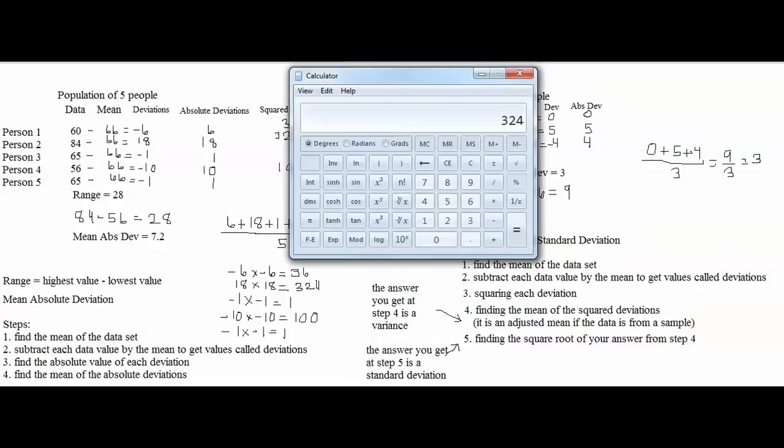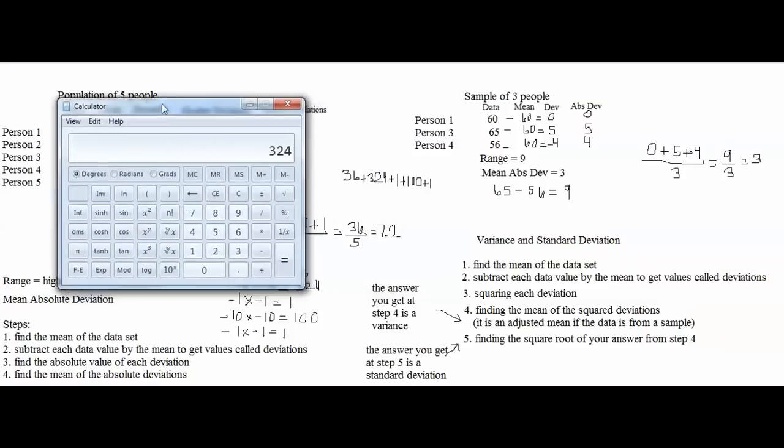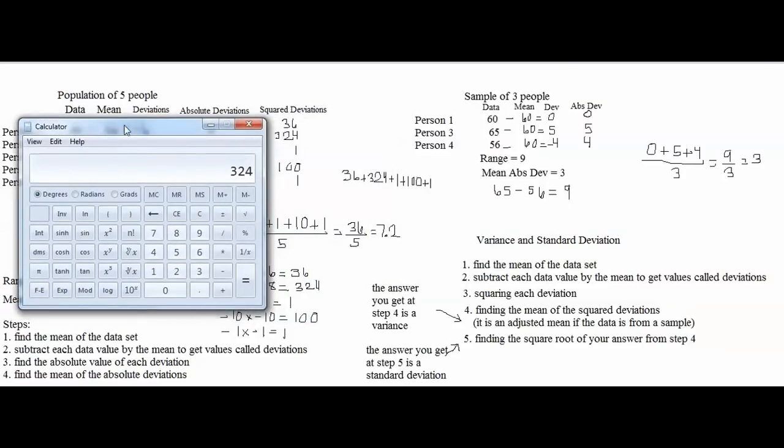Let's add the 5 numbers and then divide. We're going to add the squared deviations and then divide the total by 5, since we have 5 squared deviations in here. So the total is 462.